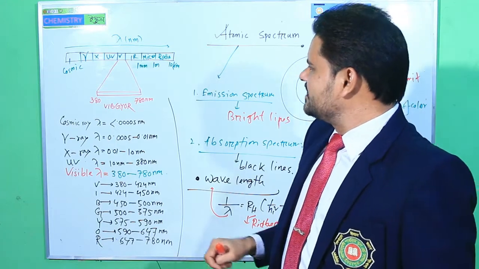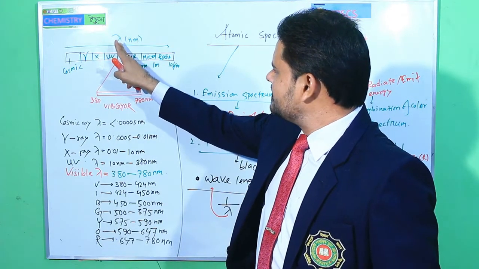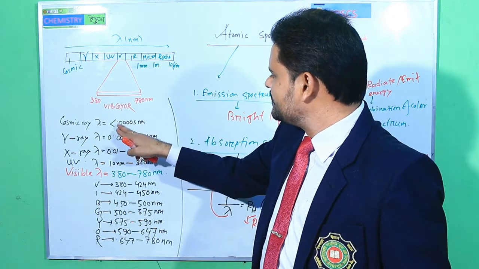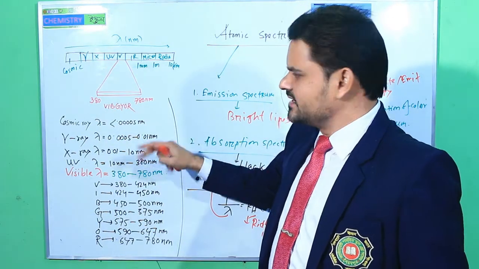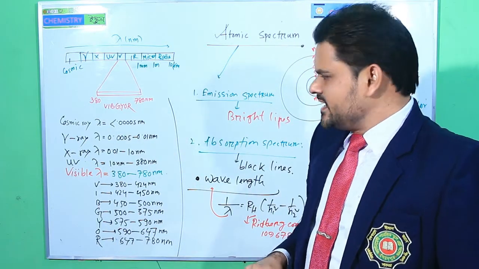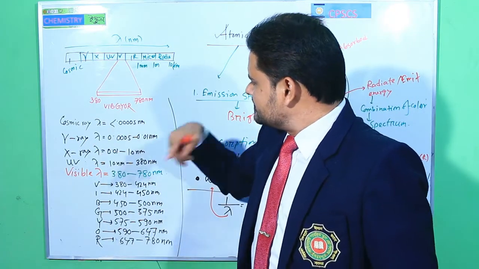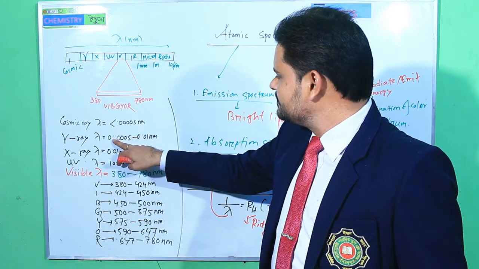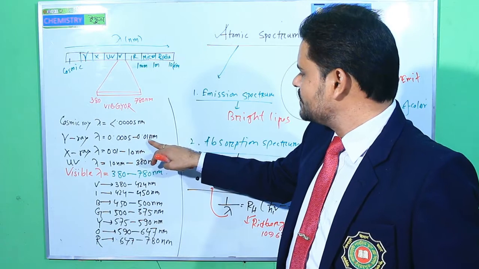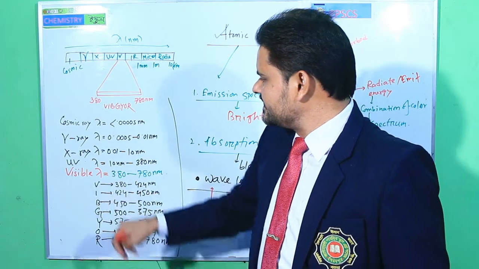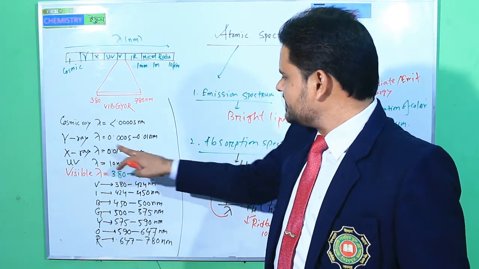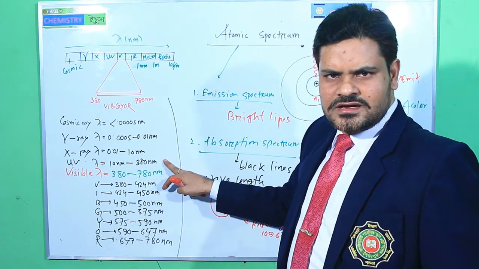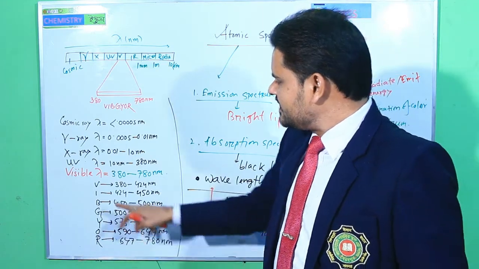If the wavelength of the color is less than 0.0005 nanometer, then it will be the cosmic ray. And when the wavelength of the spectrum is 0.0052 to 0.01 nanometer, then it will be the X-ray. Accordingly, this is the gamma ray, X-ray, and ultraviolet ray.